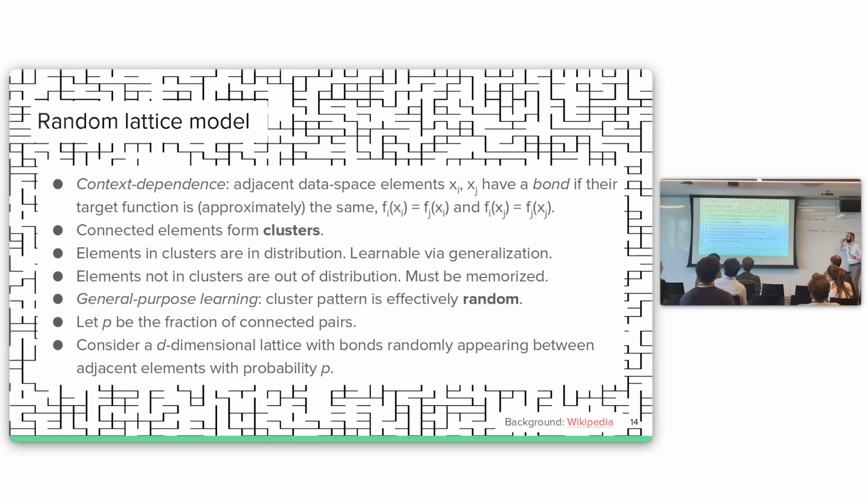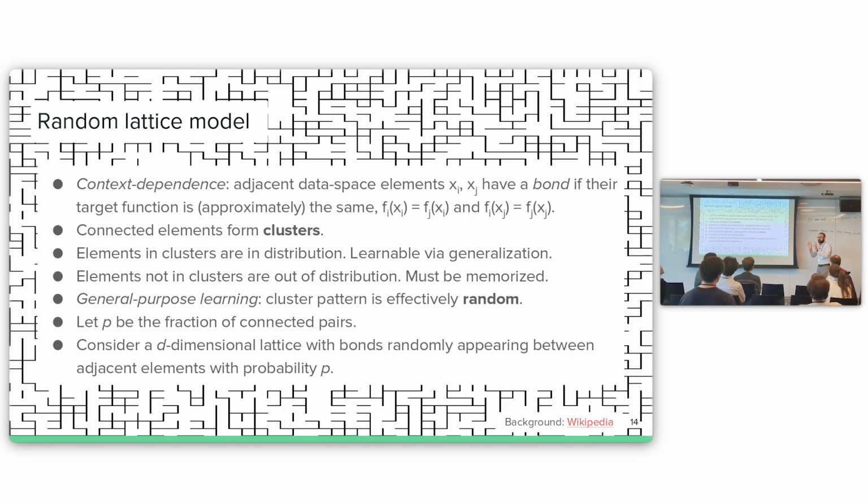So here's this specific model. The idea is we have our data space, which we'll think of as a high-dimensional hypercube, which we discretize into a lattice. From our first assumption, the context-dependent assumption, for adjacent elements in this data space, we'll say that they have a bond if the target function being computed at those 2 points is approximately the same.